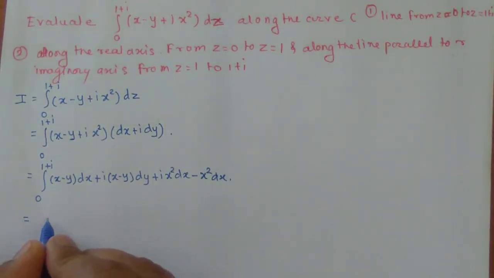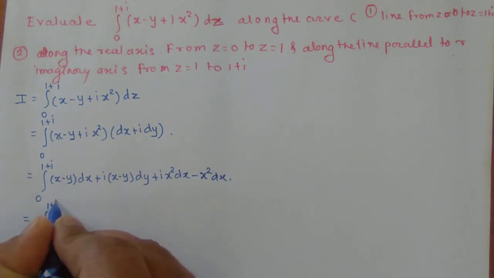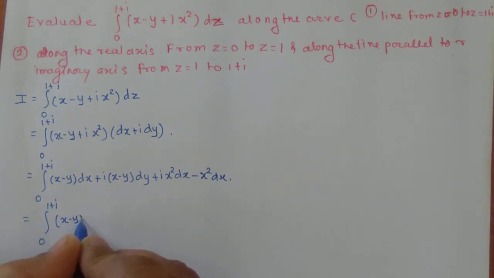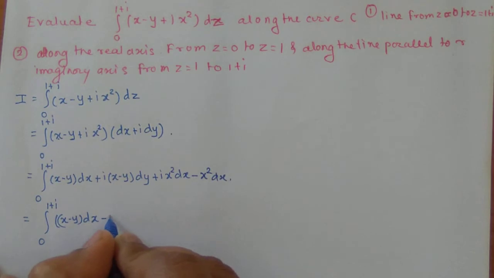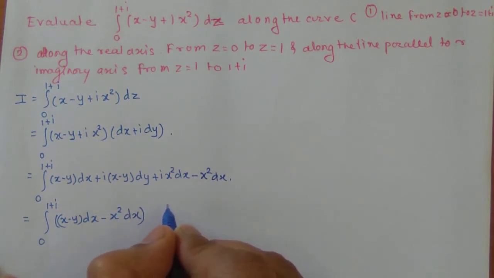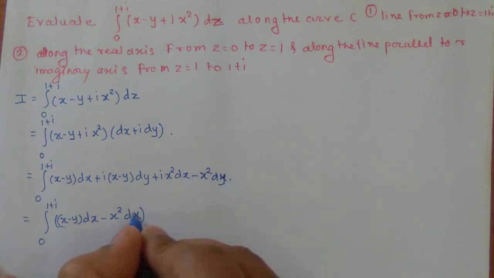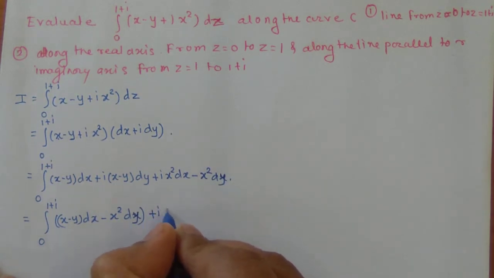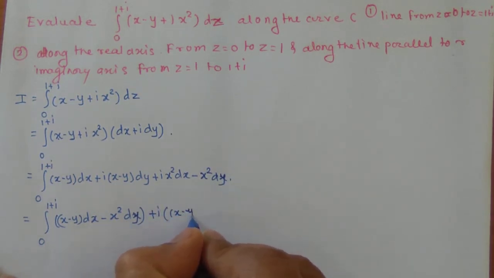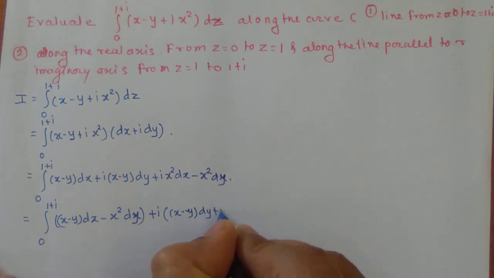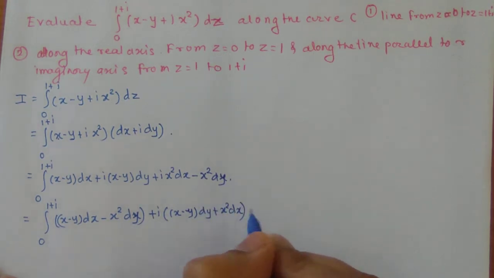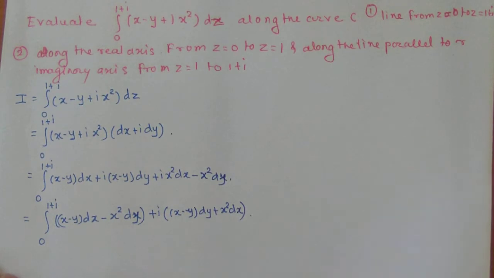Now further, I am getting the integration from 0 to 1 plus i of (x minus y) dx minus x square dx, not dx, here it has to be dy, plus i into the bracket (x minus y) dy plus x square into dx. So this is what we have done in the separation of real and imaginary parts.